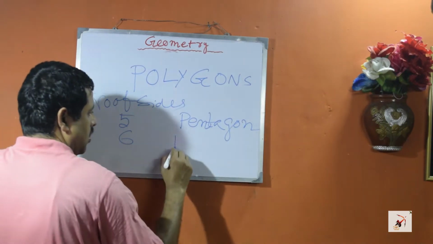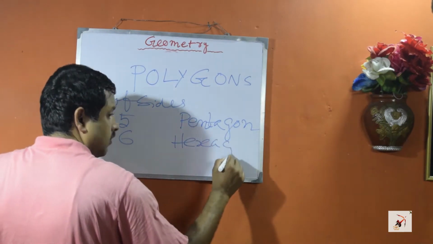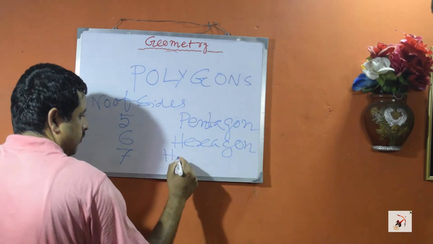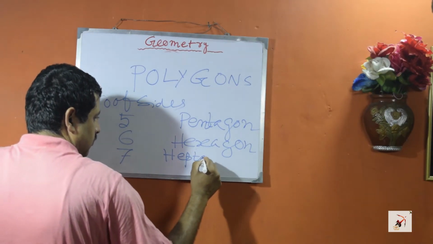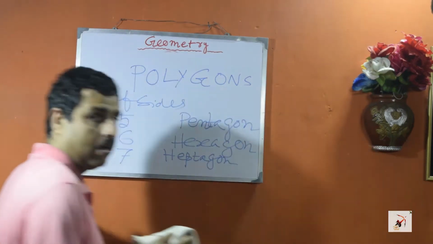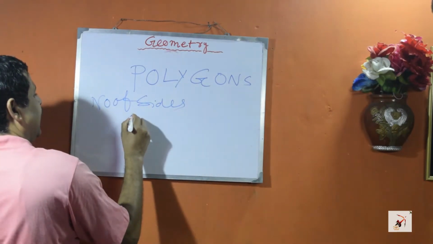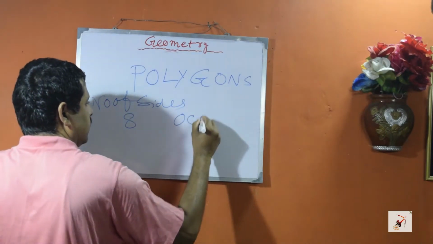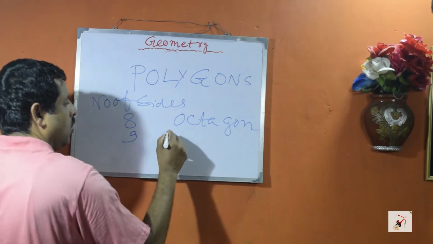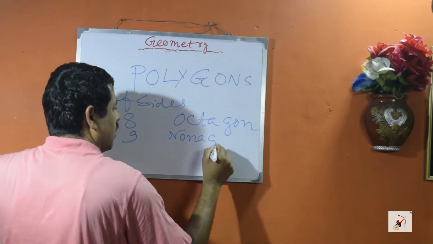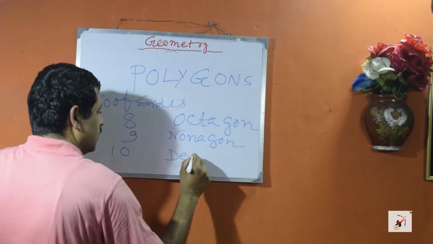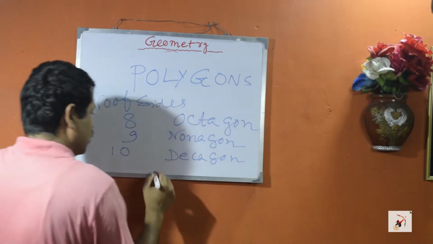6 is hexagon. 7 is heptagon. 8 is octagon. 9 is nonagon, N-O-N-A, nonagon, and 10 is decagon, and so on.